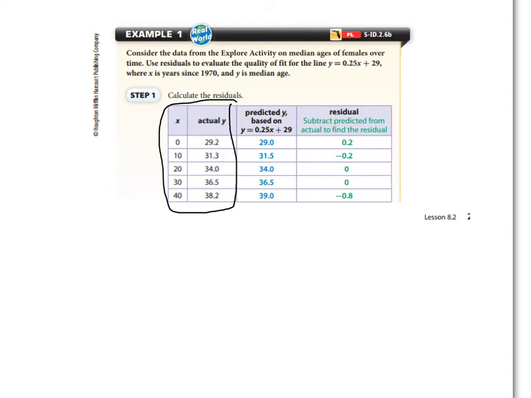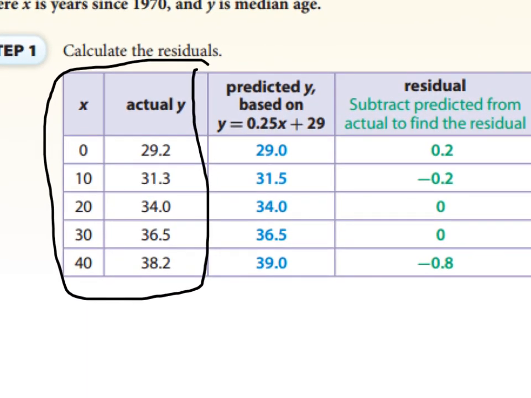And then our y values, which we call the actual ones because they were the actual information that we collected, went here. Now I evaluate the quality of our line by using its equation to find predicted values. So for the third column, to create this one, we substitute x.